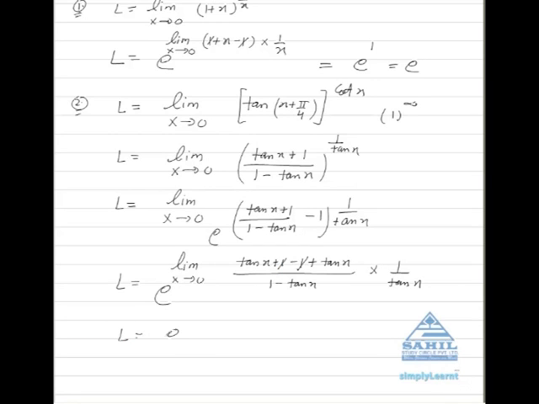So it is e raised to power limit x tending towards 0 of 2 tan x/(1 − tan x) into 1/tan x. Now tan x and tan x will be cancelled out. If I apply the limit, the answer will be e².